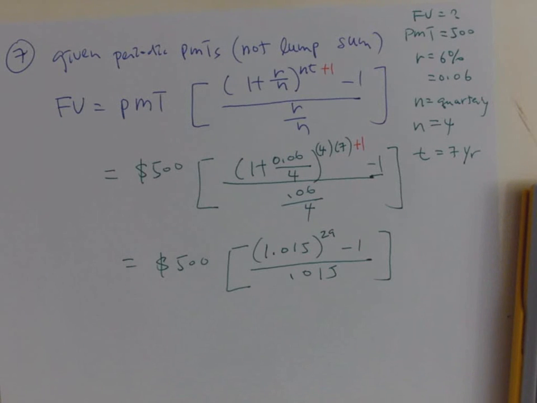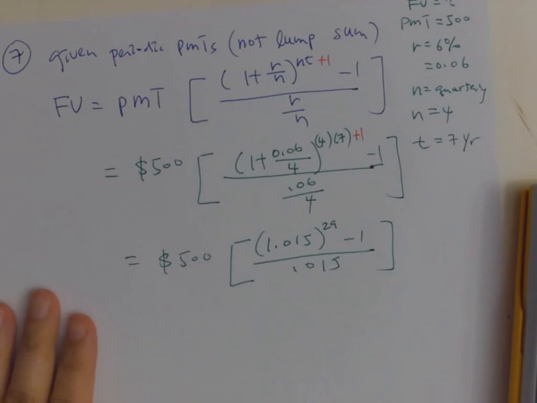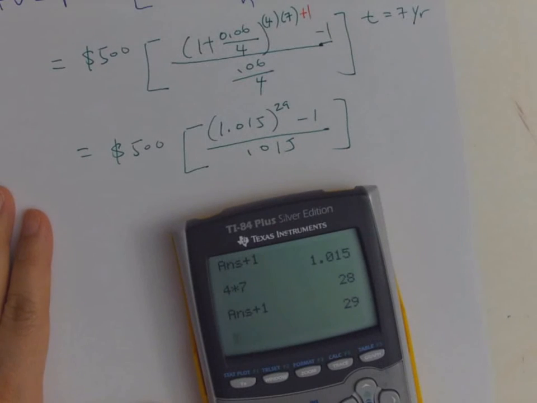Alright, so go ahead and finish that, and we're going to check it. Let me double check my answer is correct also. Okay, so if we plug into that formula, we get 1.015 raised to the 29 power. Enter, subtract 1, divided by 0.015.